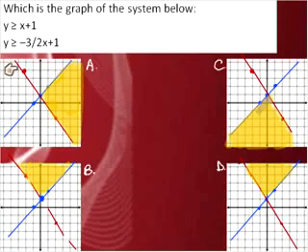If it shoots up to the left, it has a negative slope. So that right away tells me that the blue line is y greater than or equal to x plus 1, and the red is the other inequality. So this is the blue line, and this is the red line.